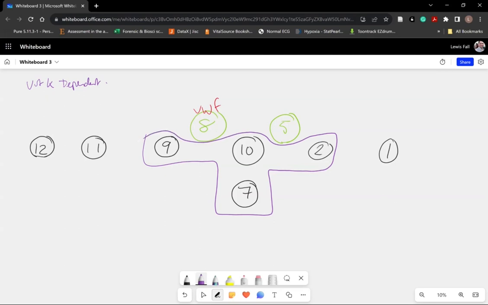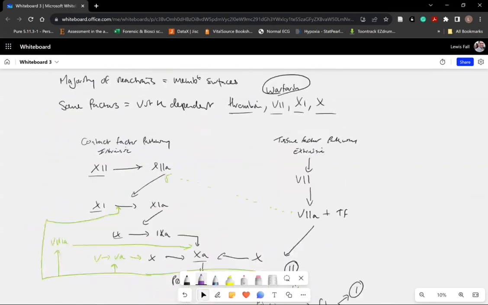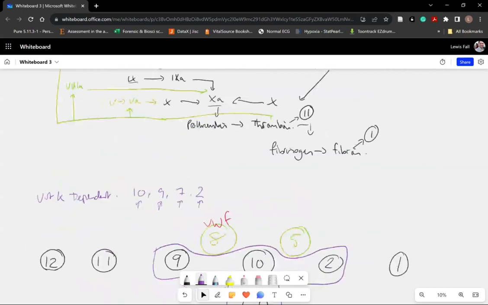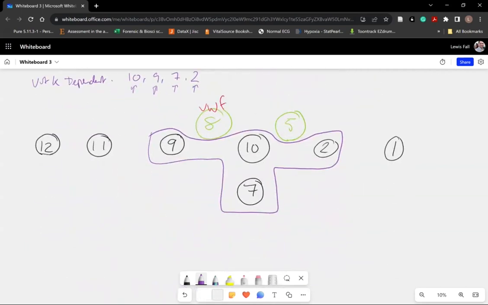They are the vitamin K dependent factors: 10, 9, 7, and 2. Factor 10, factor 9, factor 7, and thrombin. Look at that. Thrombin, 10, 9, 7, and 2. They're there in that T section.